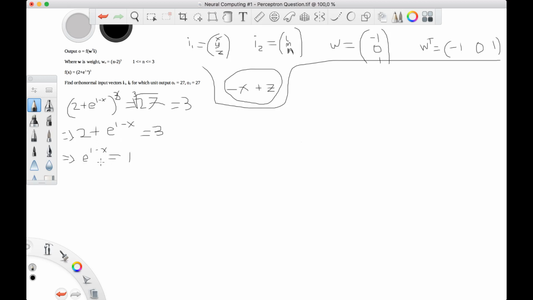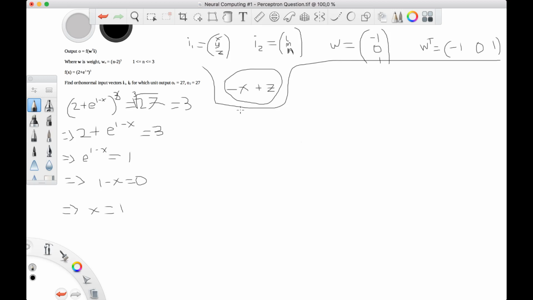It can only be 0, because anything to the power of 0 is 1. So we know that 1 minus x has to be 0. And then from this, we get x is equal to 1.